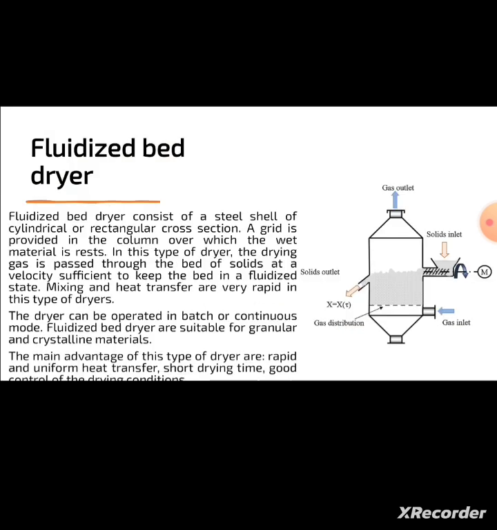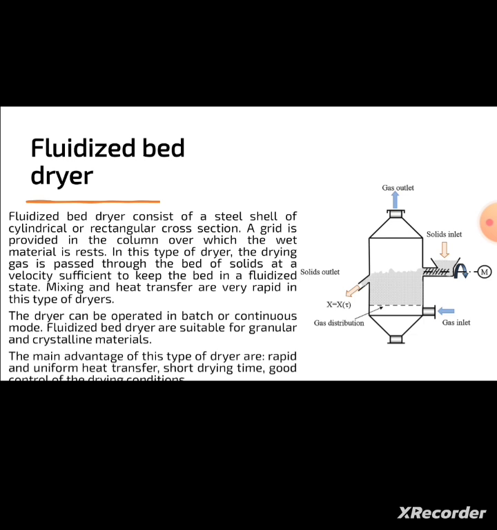Next one will be the fluidized bed dryer. In this, a phenomenon called fluidization takes place. Fluidization is nothing but the air velocity being above the critical velocity for the product placed in the respective trays or racks.